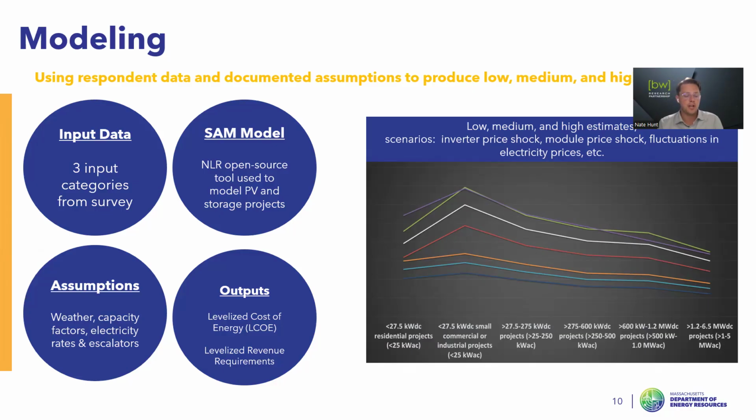And so we are truly modeling the anticipated weather and how that affects generation capabilities for solar projects in Massachusetts. Same thing with capacity factor and electricity rates. And this year we're hoping to incorporate some sensitivities around electricity rates and potential escalators and what that means.